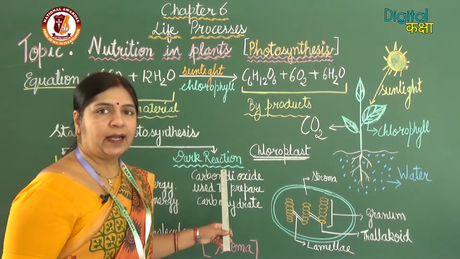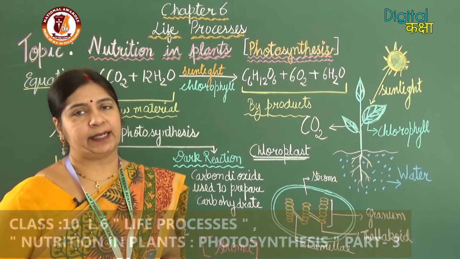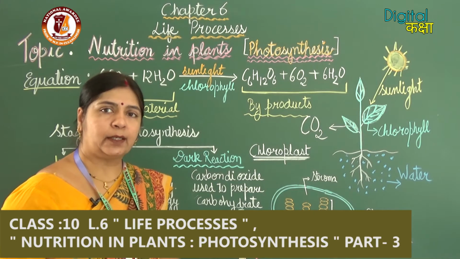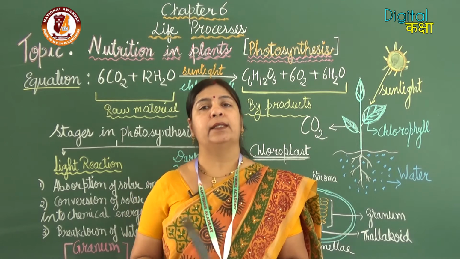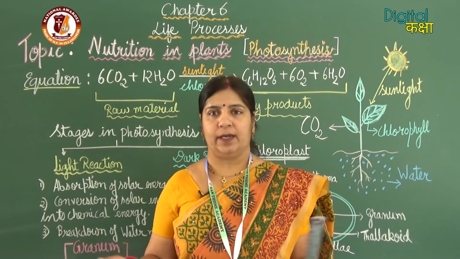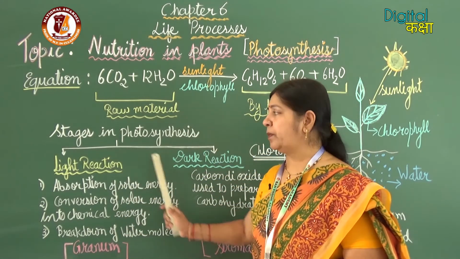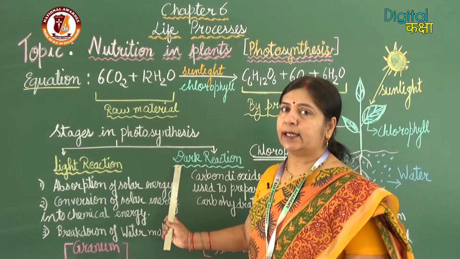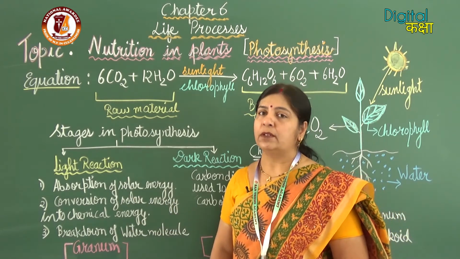So basically we can divide photosynthesis into two main stages, or two main reactions: light reaction and dark reaction. Light reaction, sunlight is needed. Dark reaction, sunlight is not needed, and these are the stages in photosynthesis.